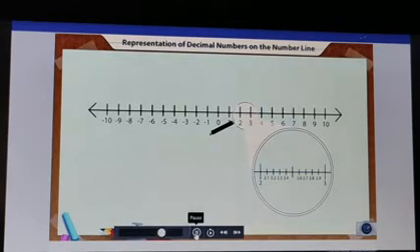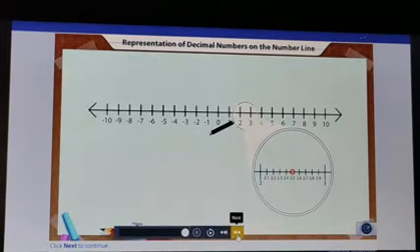Here we see numbers ranging from 2.1 to 2.9. Distinctly it is seen that 2.5 lies between 2.4 and 2.6. Mark it with a dot and make a circle around it, and we have the desired decimal point marked on the number line. So 2.5 or 5 by 2 is represented on the number line with the help of the successive magnification method.